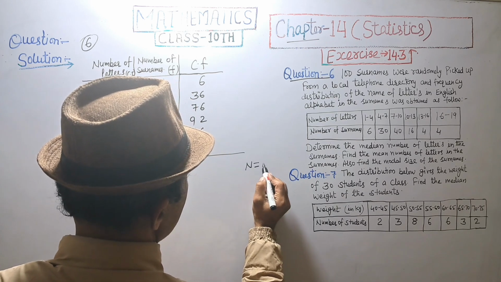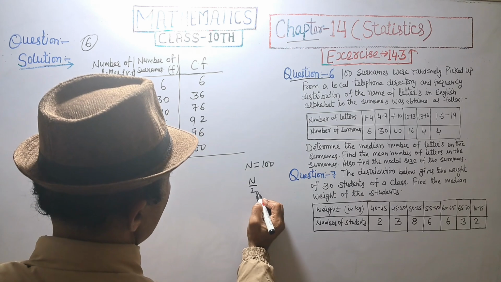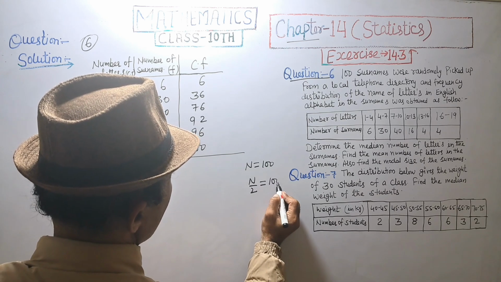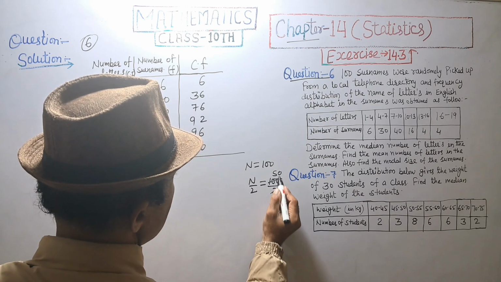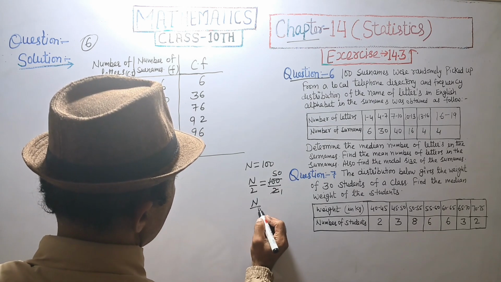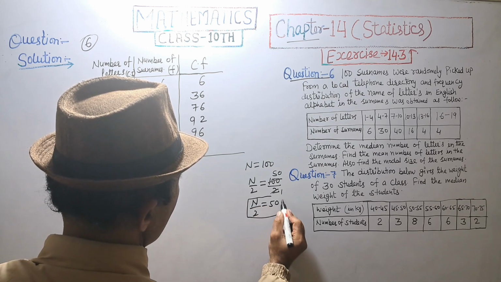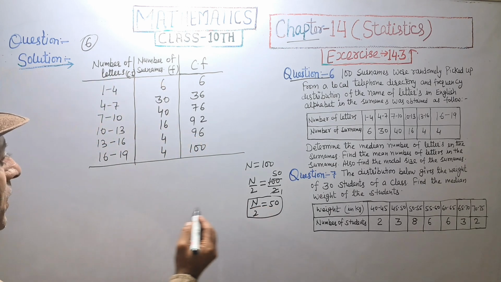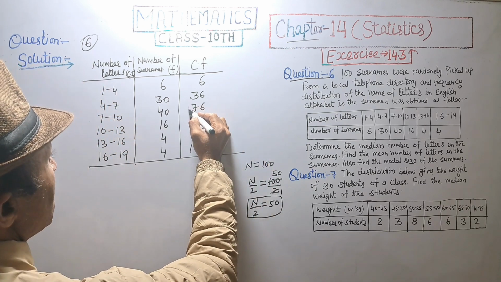So n is equal to 100, and n upon 2 is 100 upon 2, that is 50.